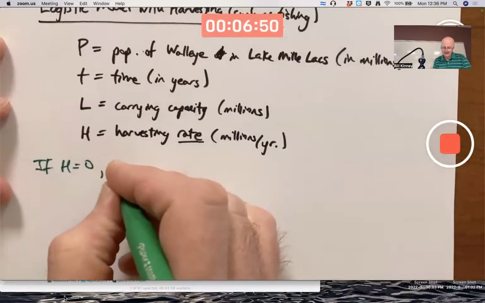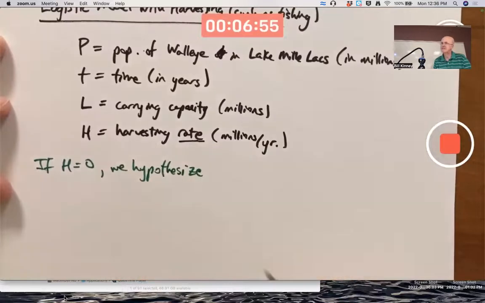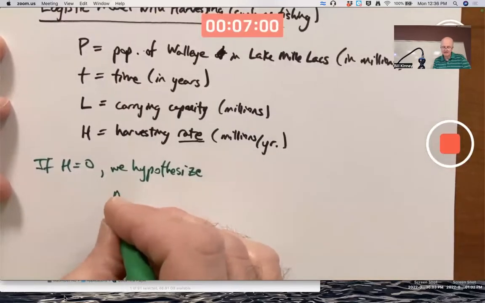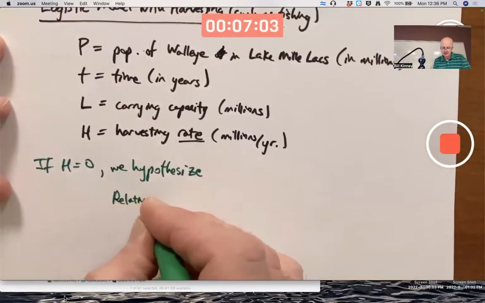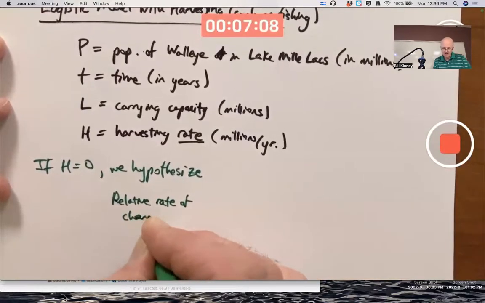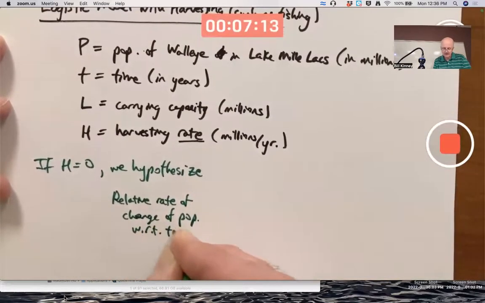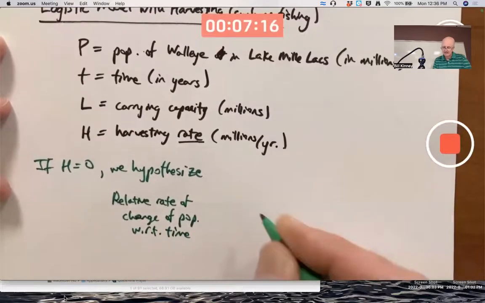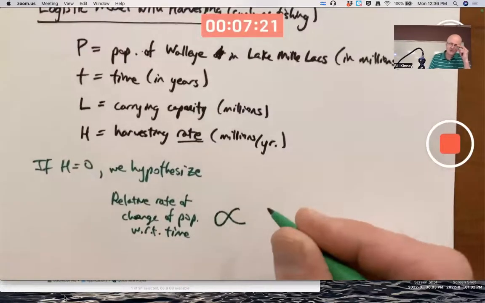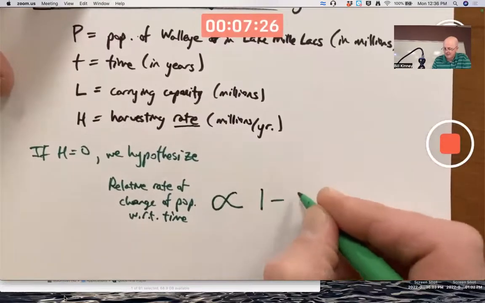We hypothesize here in the model, this hypothesis might be incorrect, but it does make some sense, that the relative rate of change of the population with respect to time is proportional to the difference. I'll just write it down, but then I'll explain it. 1 minus P over L.